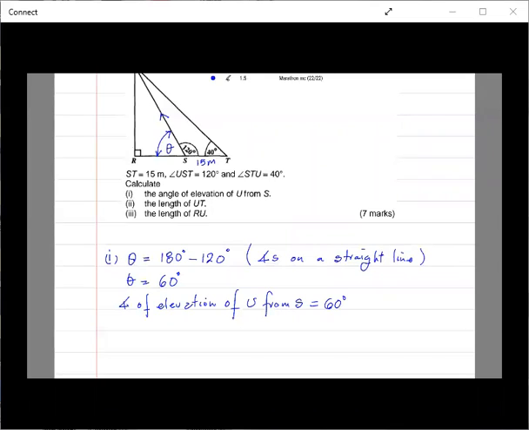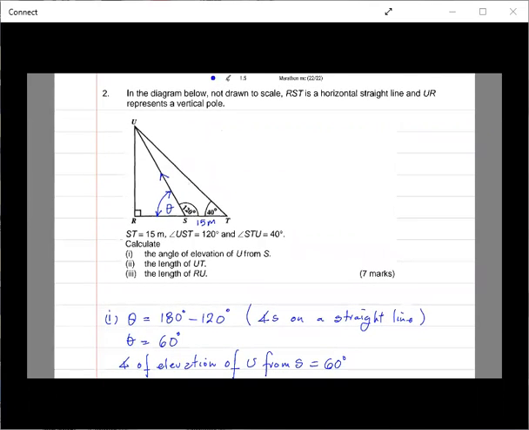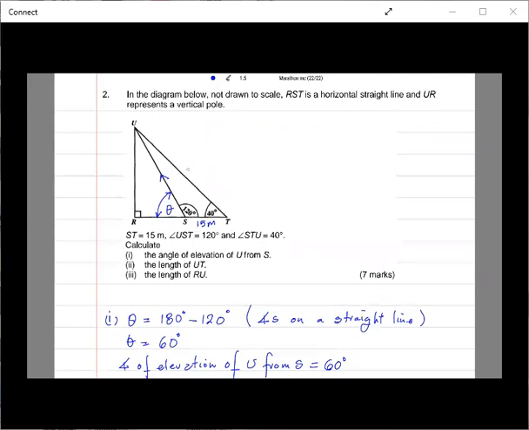All right. The next thing we're asked to do is determine the length of UT. The length of it is what we're asked, and that is x. What you have to remember here is that in order to use calculation to find out something new about a triangle, you must first know 3 things about that triangle.